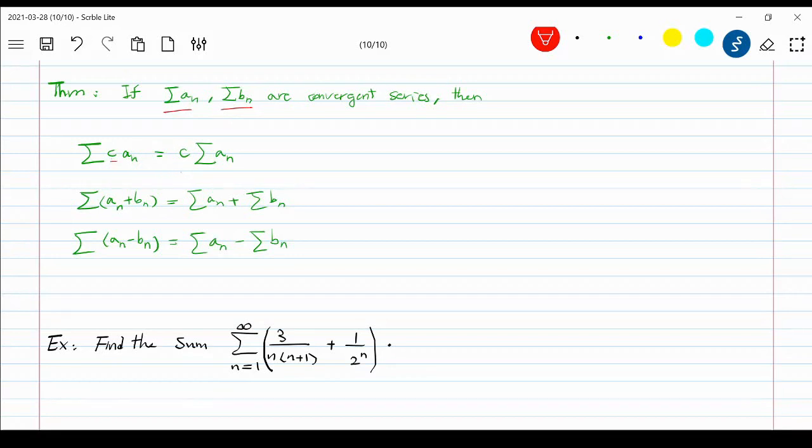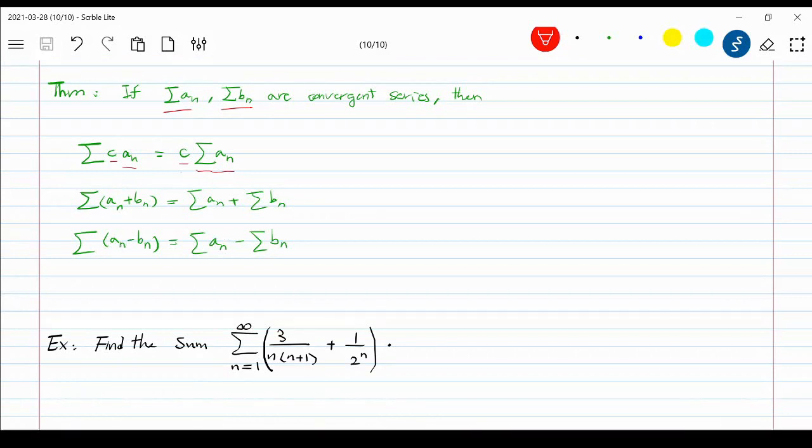So if you multiply C to the sequence ANs, then the summation of CANs is still convergent, and the limit would be C times the summation of ANs, because it's a constant. It doesn't affect anything. If you have to add up two series, you can calculate the sum of each series separately and add them up, and same with the difference.